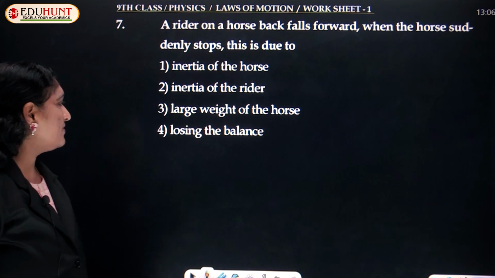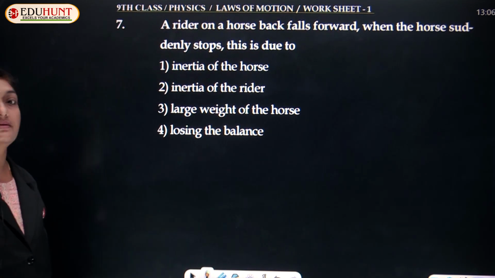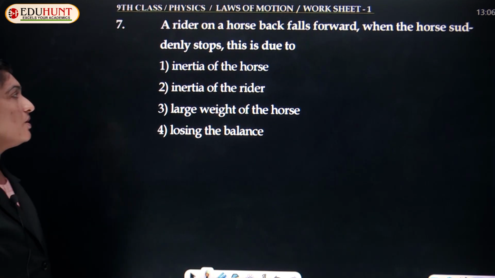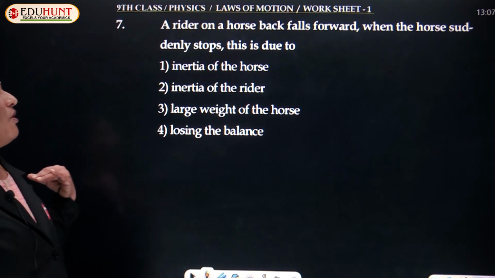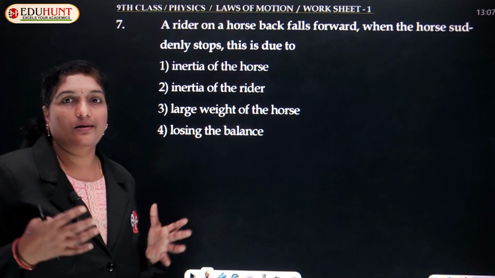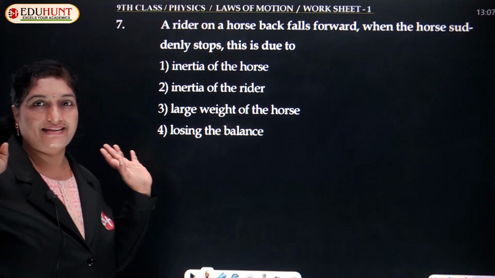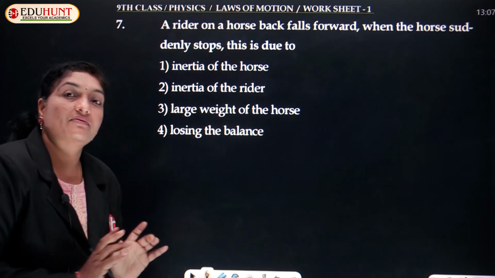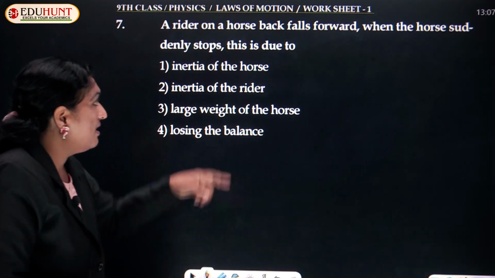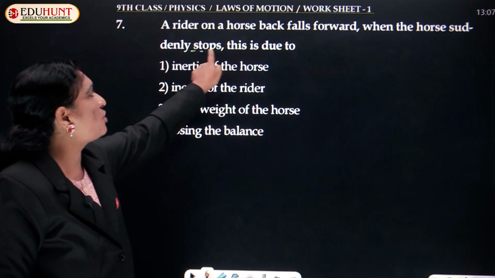Moving ahead with the next question, children, that is the 7th question. A rider on horseback falls forward when the horse suddenly stops.